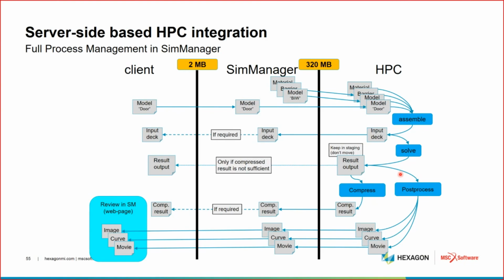The only thing that we do provide as part of the delivery of SimManager, as an optional component, is the vCollab representation. It is possible to generate a vCollab representation of the results files themselves, which can be interrogated.